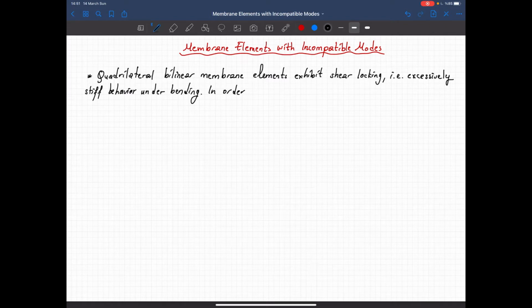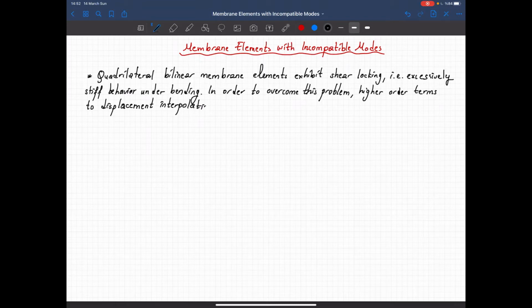So one option is to add a higher order interpolation, or let's say higher order terms, to displacement interpolation functions. So that could be a solution, but we have a problem.